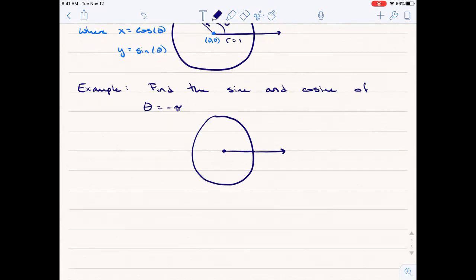Because it's negative. It wouldn't actually matter if it was positive. We'd get to the same terminal side, right? So they're coterminal, kind of a special case. Because one revolution has 2 pi, and so half a revolution must be pi. And so here we've got theta is negative pi.